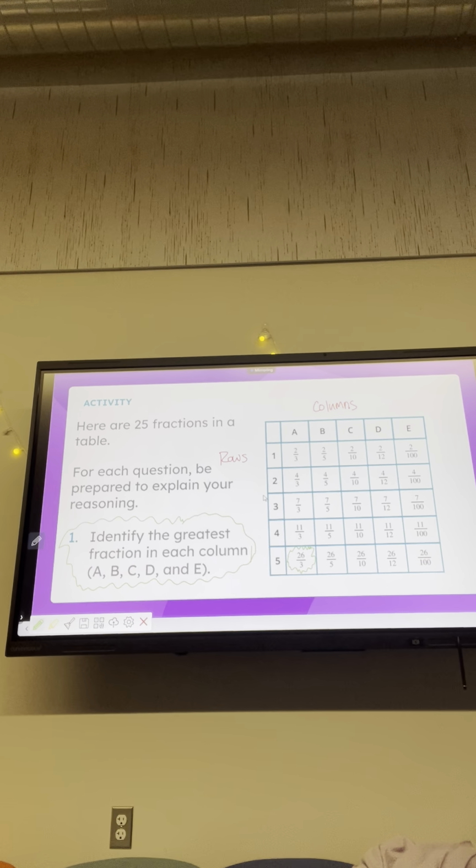Which one of these is the biggest one in this column? What's that? About 30 seconds, and then we're going to go over the answers. I'm going to call on somebody to go over the answers in a second. Please leave your book out.